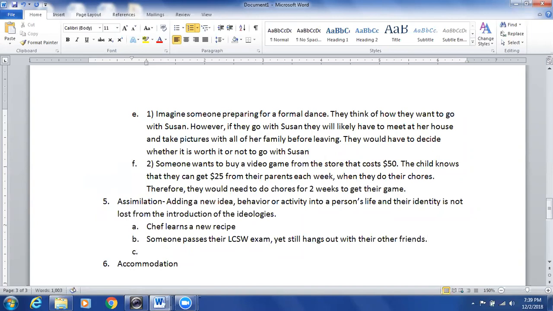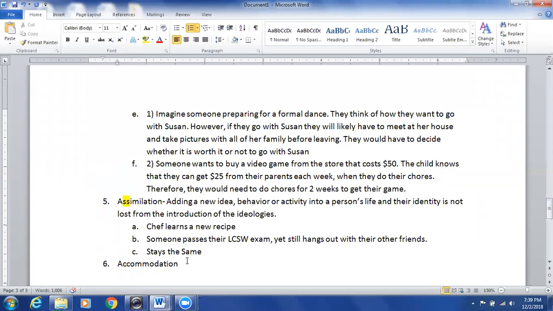They don't just leave and only hang out with LCSWs. They stay true to who they are. And another key thing that I always highlight for people is the two S's in assimilation drives home that the client stays the same. So the two S's, stays the same, signifies that the person gets the stuff introduced, but they stay the same.